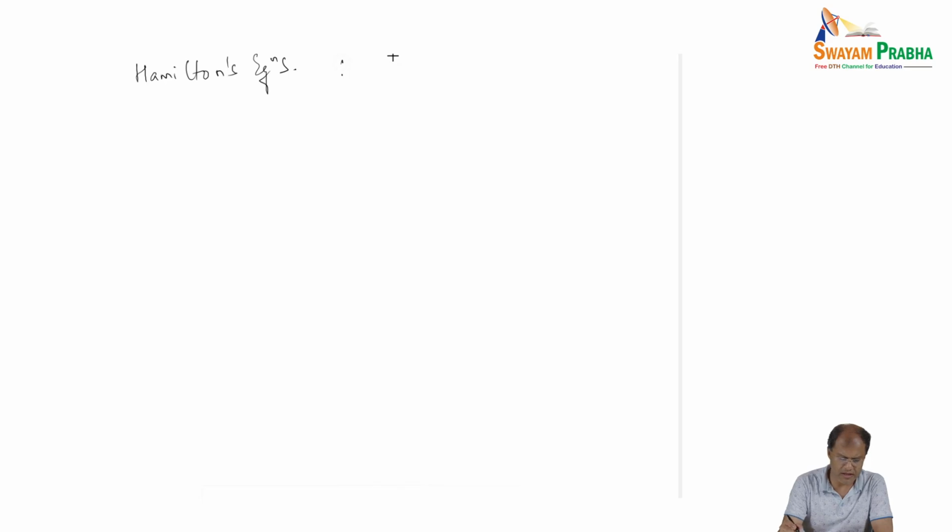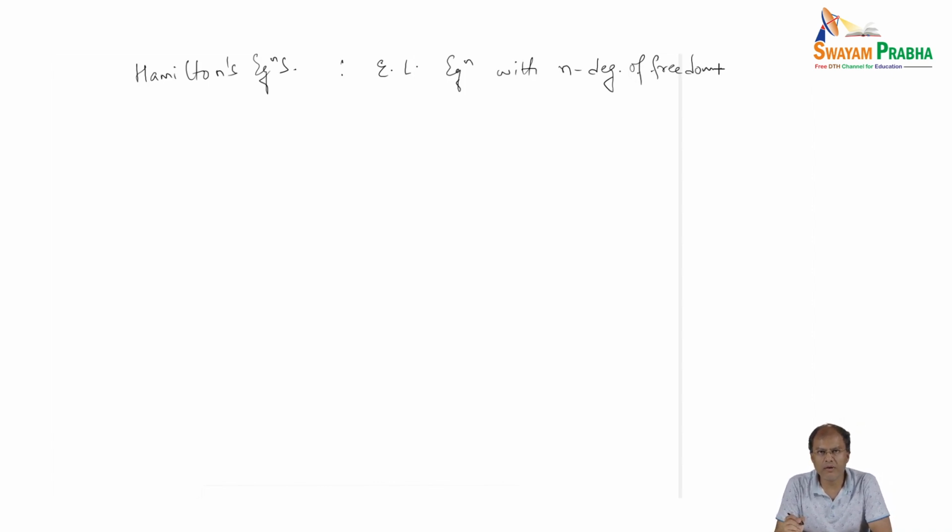We will see that these are my Euler Lagrange equations with n degrees of freedom. So we know that each Euler Lagrange equation for each degree of freedom or each variable will be a second order differential equation.